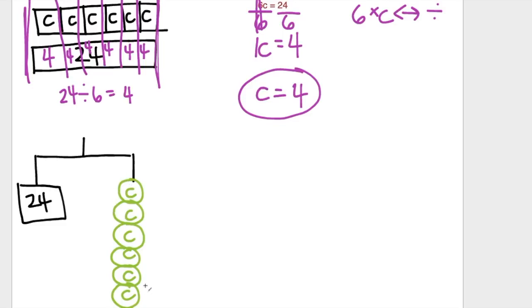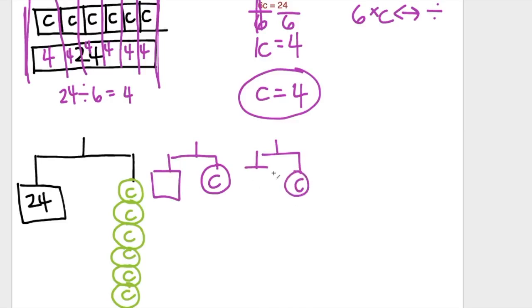If I know that 6 c's are equivalent to 24, what I can do is imagine each of these c's, we're not actually going to do this, but we can imagine each of these c's grouped with a different value of its own, right?